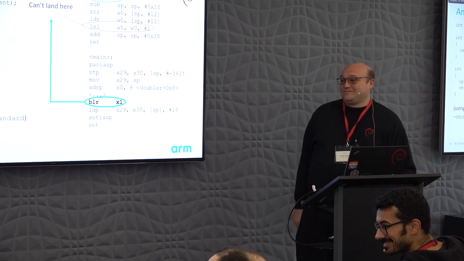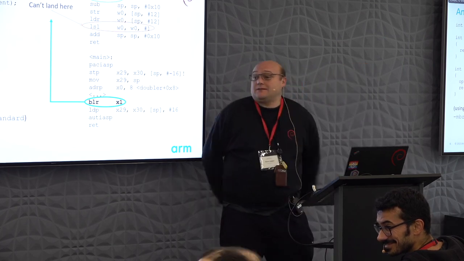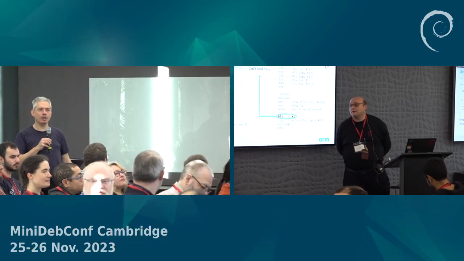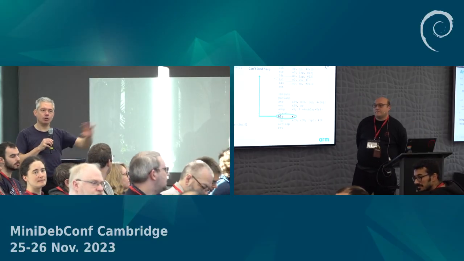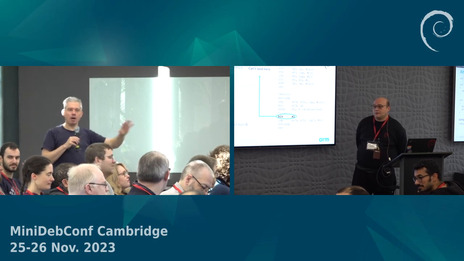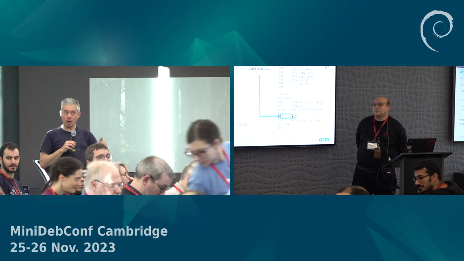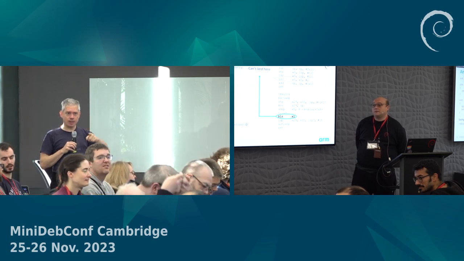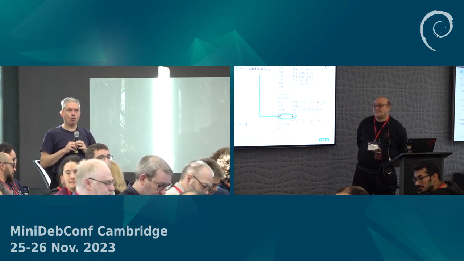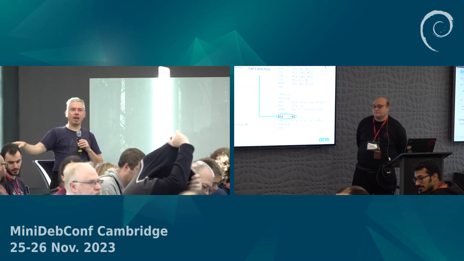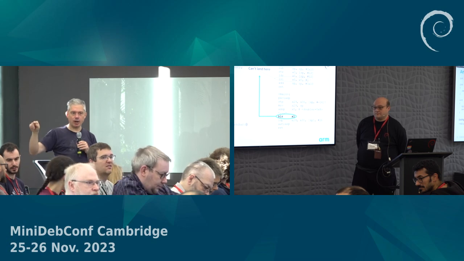So, Ian, you've answered a bit of this already, but I'm interested in cross-compiler executables that are made by a collection of different compilers, some of which may or may not support this. Yeah. So as I understand it, what matters for the BTI is whether the target page has BTI enabled.